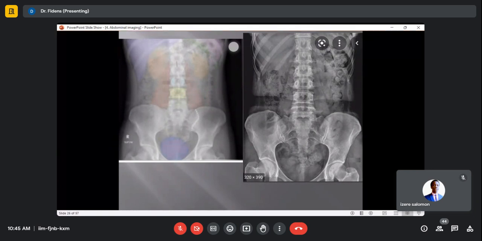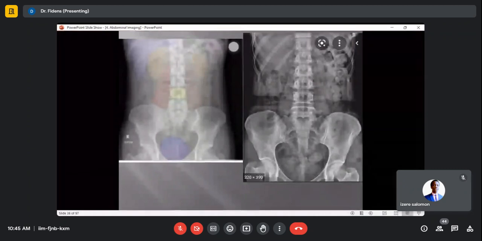In ABCS, A is about technical, normally. B, bones and calcification. C, cartilage, joints. And S, soft tissues. That's it. Identification, that's number one. Number two, ABCS.